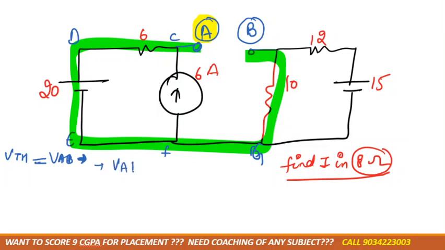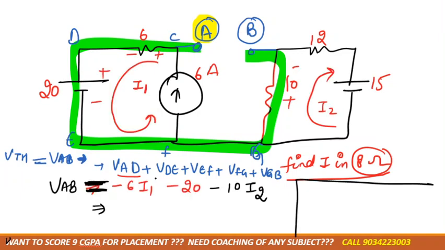So for VAB, what can we write down? VAC, VAD, VDE plus VEF plus VFG plus VGB. Okay. For getting the value of VAB, you should know I1 and you should know I2. If there is a current source, then we'll have a direct equation from the current source.